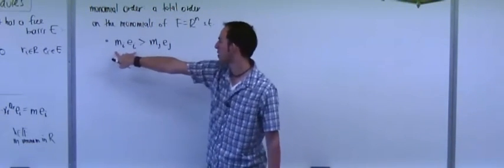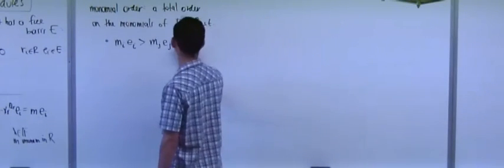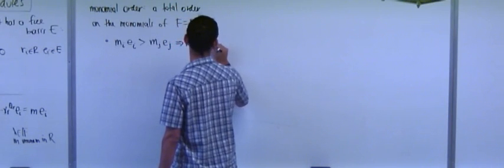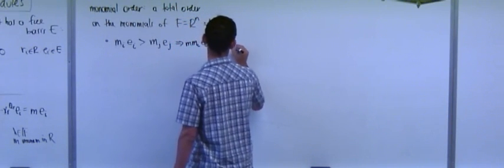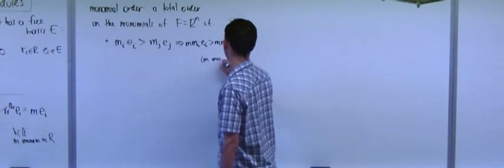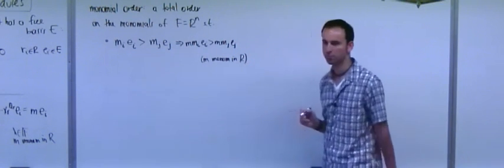In other words, this is a monomial in F, and this is another monomial in F. So if this guy is bigger than this guy, then when you multiply by an ordinary monomial, then that should still hold. So this is for M, a monomial in R. Okay.